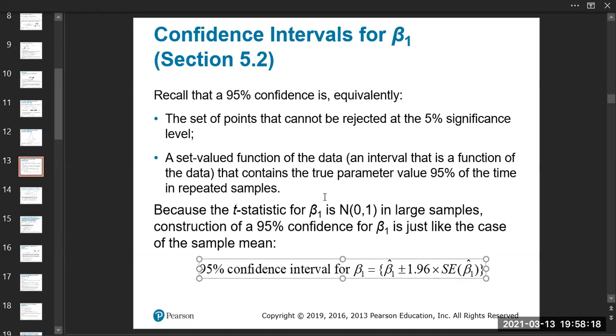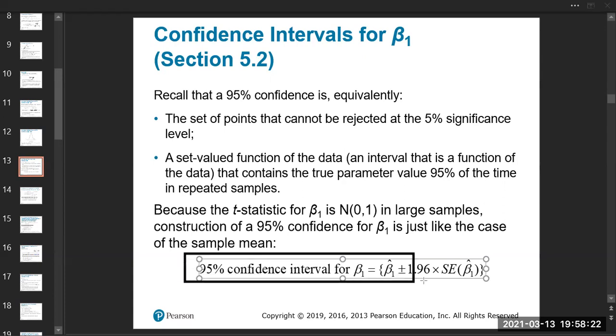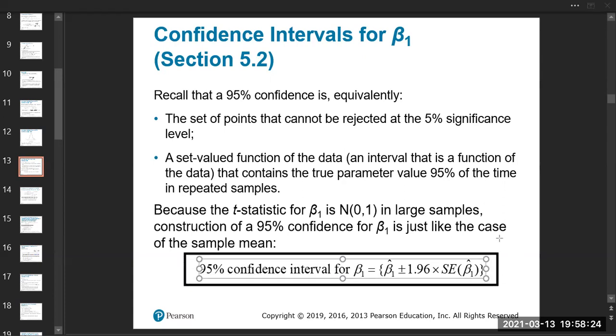This is the equation that by now you should be very familiar with, but we are just changing the mu here. We change mu y to beta 1, and then we change y bar to beta 1 hat.